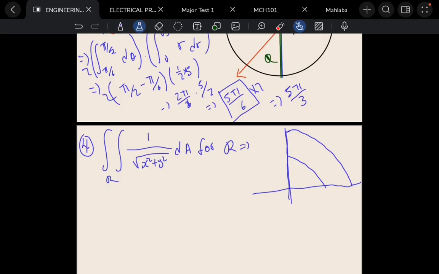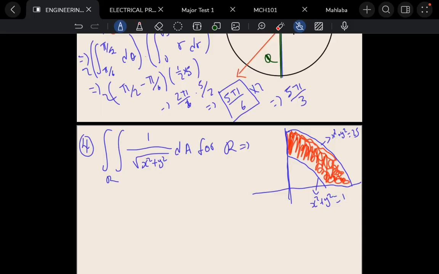The region that we are talking about is this one. The equation outside is x squared plus y squared equals 25. The equation inside is x squared plus y squared equals 1.